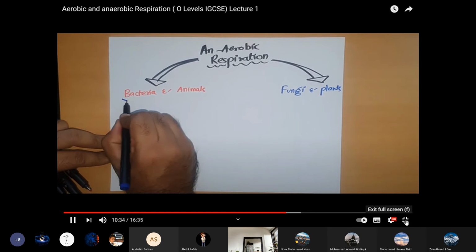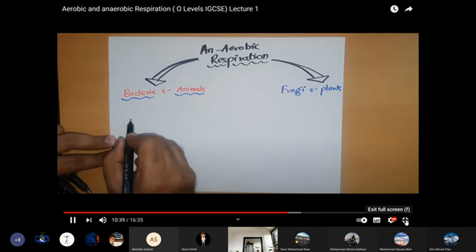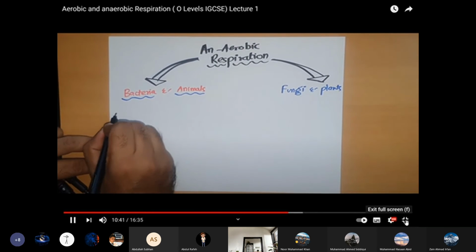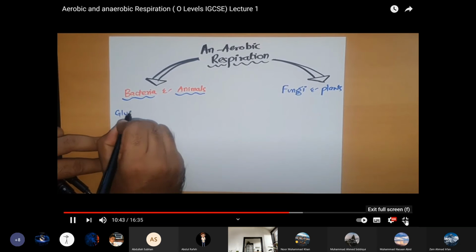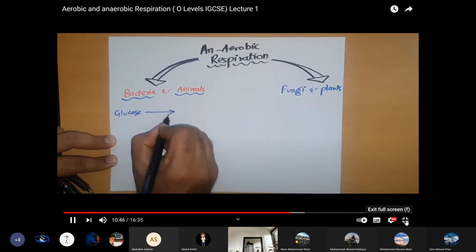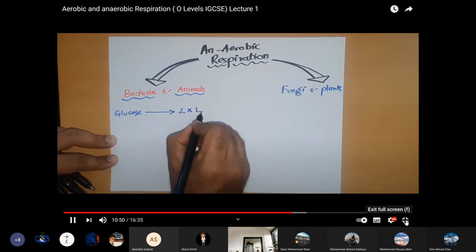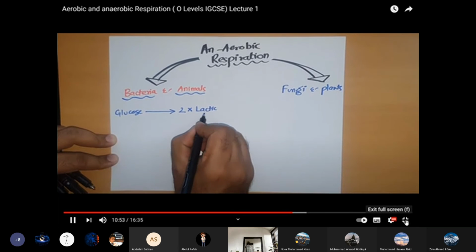Now, what happens in bacteria and animals? In bacteria and animals, one molecule of glucose, when it breaks down in the absence of oxygen, breaks down into two molecules of lactic acid.